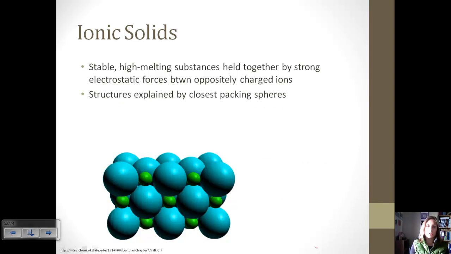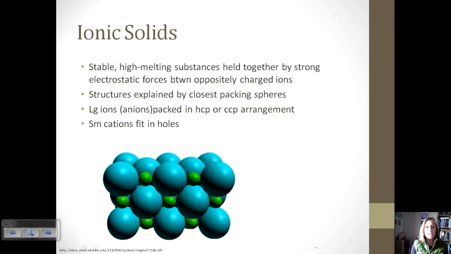These structures tend to form, as we talked about earlier with how atoms go together, closest packing. They try to take up all that space. So what happens is the large ions, usually the anions, because they contain more electrons, are packed in an HCP or a CCP arrangement. And remember, we talked about those, the hexagonal or the cubic closest packed arrangement earlier in the unit.